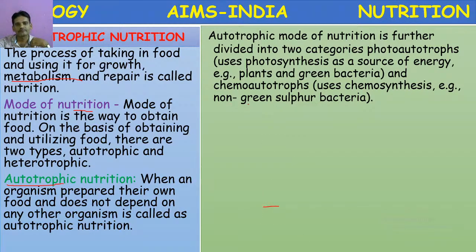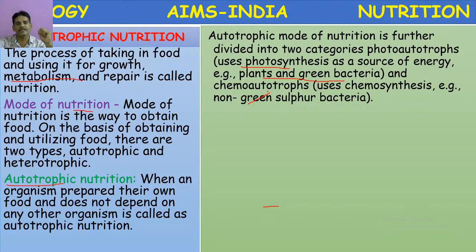Photoautotrophs means those which undergo nutrition by using sunlight, by undergoing photosynthesis. Examples are green plants, green algae, green bacteria, and cyanobacteria.